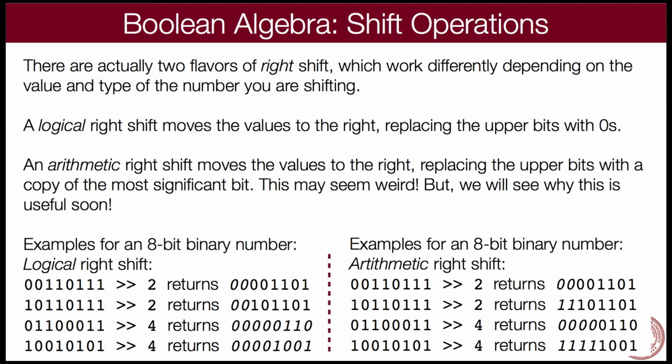So 00110111 right shifted by 2 arithmetically gives you these 2 bits shift away, the 1, 1, and then you're left with the rest, 101100, and then you bring in 2 zeros. But if we have a number like 10110111, the most significant bit is a 1. So when we shift in, we replace anything we shift in with 1s. So that becomes 10110, 1, and then we shift in the 1s because they're 1s.